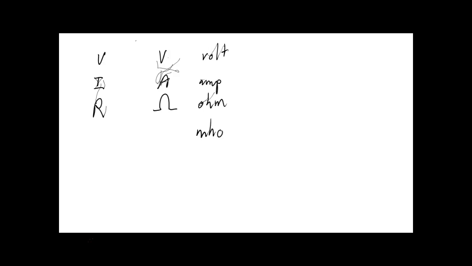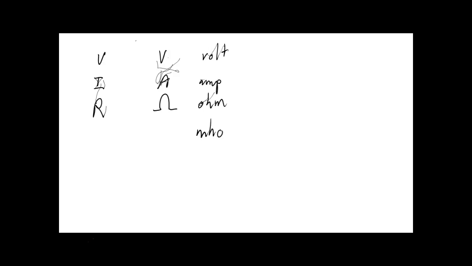So what symbol would they use for a mho? They can't really use M because that's used for meters, so that's already in use. What would they use? Symbol for a mho. And a mho is a reciprocal of an ohm. The letter mu?